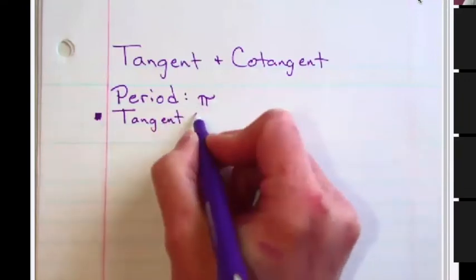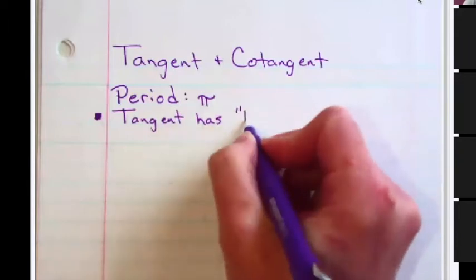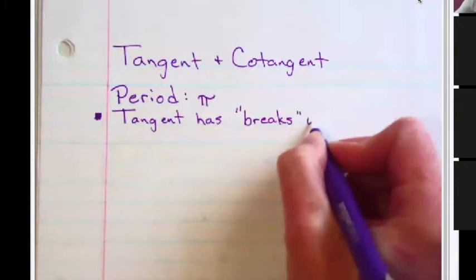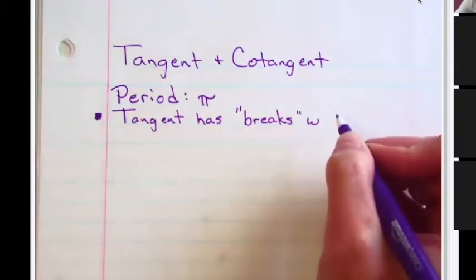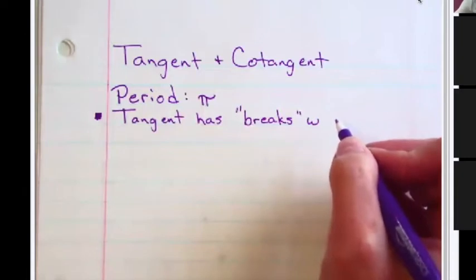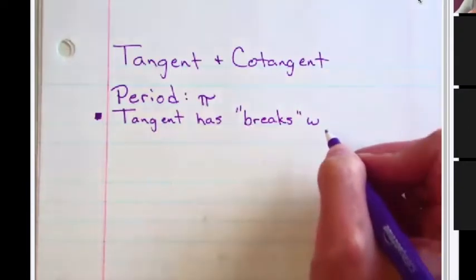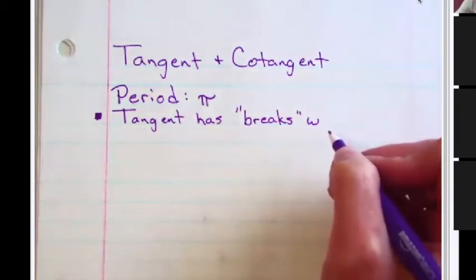And tangent has these breaks in it where it's undefined. So think about tangent. Tangent being sine over cosine, or the y value over the x value. And if we're looking at those quadrantal angles, then sometimes we're going to end up with something that's undefined.